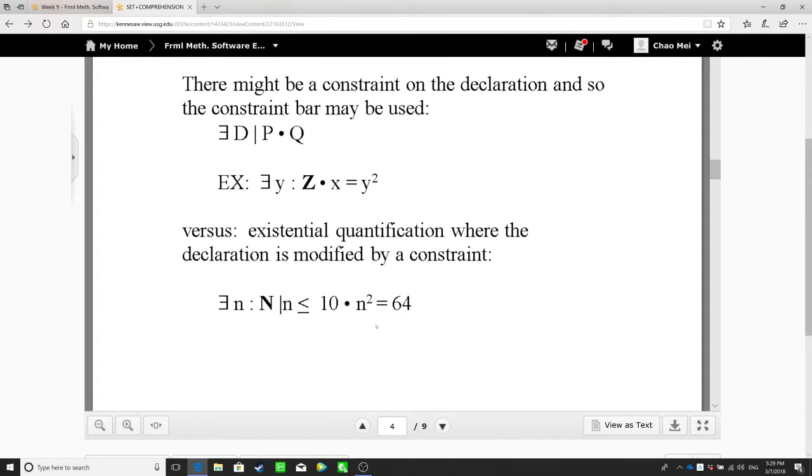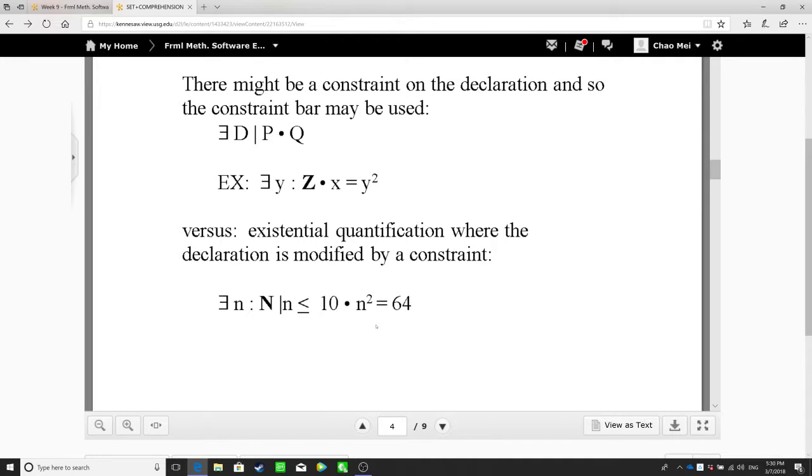This is another example. Here the existential quantification, the declaration is modified by a constraint. There exists an n, which is a natural number, and n is less than or equal to 10, and n squared equals 64.